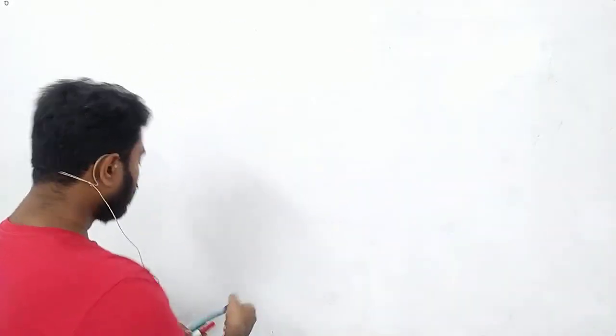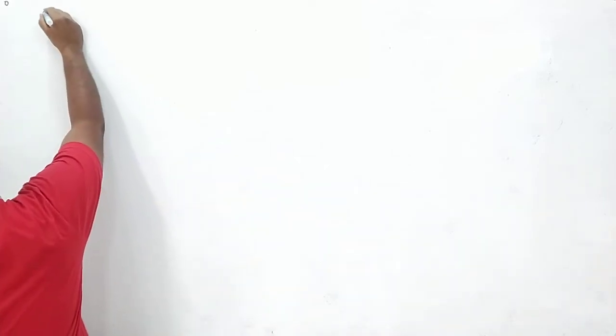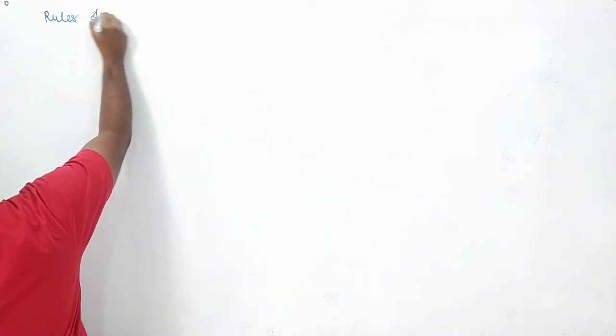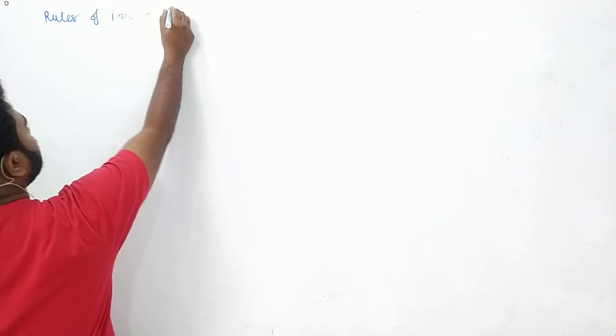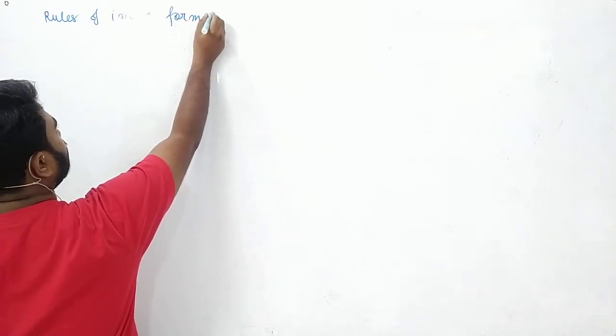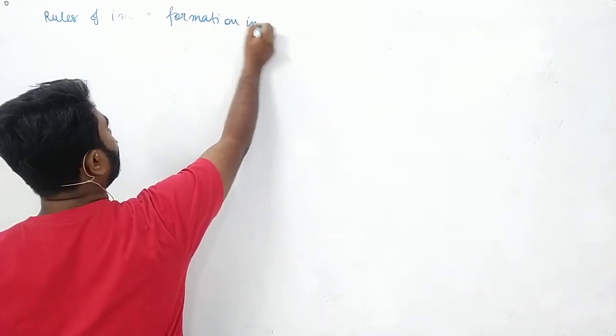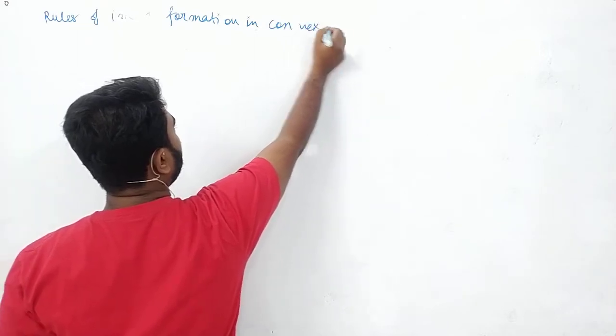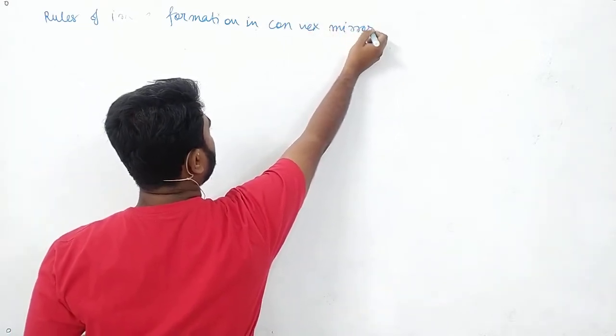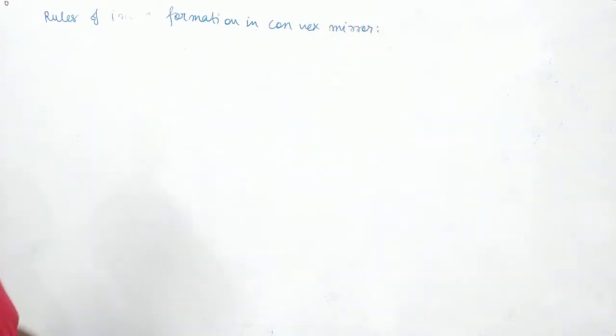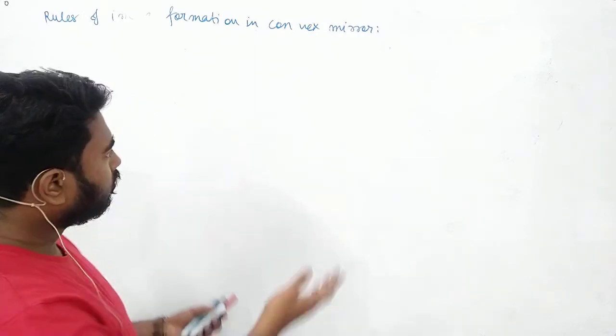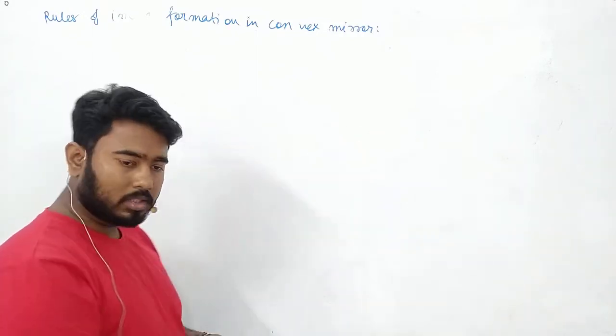Now we will do the rules of image formation in convex mirror. You don't need to write this. We will just draw the picture. We'll draw 4 pictures in one frame.